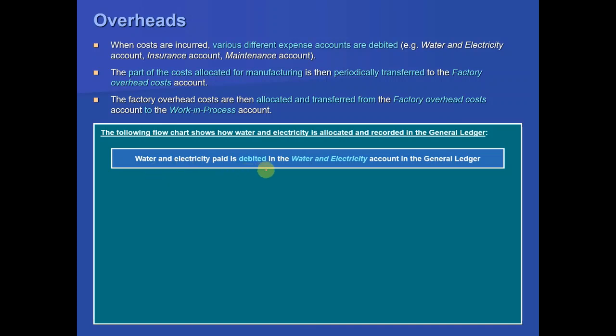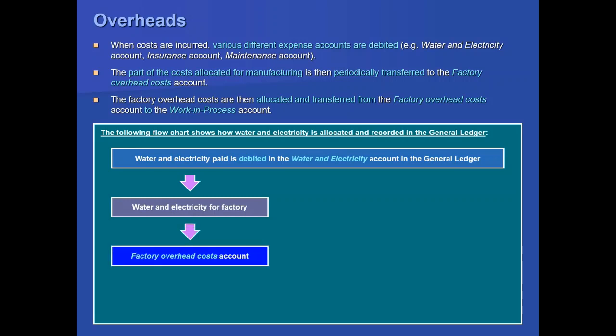Water and electricity paid is debited in the water and electricity account in the general ledger. As we know, expense accounts increase on the debit side. Water and electricity for the factory is then transferred to the factory overheads cost account. So in other words, we will credit the water and electricity account and debit the factory overhead cost account.